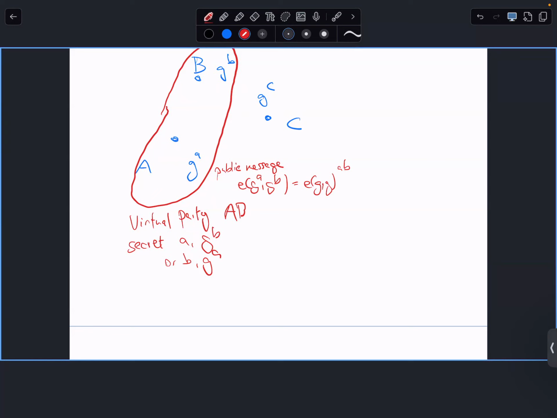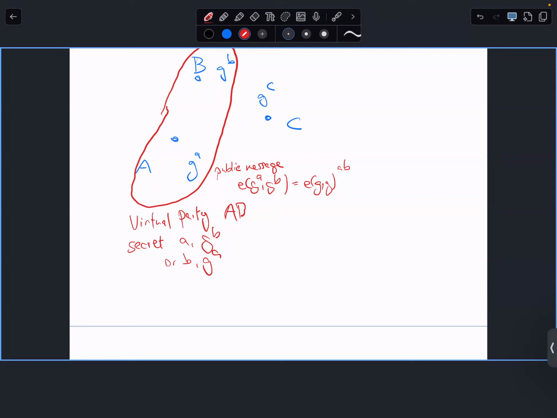He sends his message g to the c to this virtual party. And of course they send him back g to the a and g to the b. But we could think of it as this party sending back e(g^a, g^b). Now, of course, he does that pairing operation himself, but we could think of it as outsourced, right?